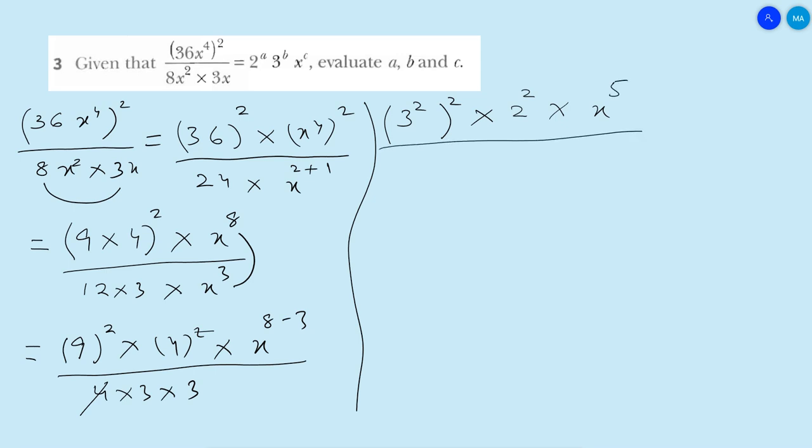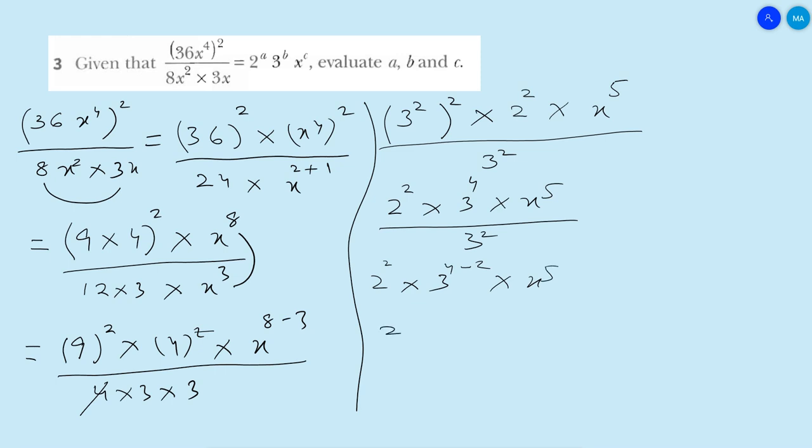upon 3 into 3. You can write this as 3 square. Now write this 2 square into 3 to the power 2 to the 4 into x to the power 5. This is 3 square. So 2 square into 3 power 4. Move this 3 on above side, it will be 4 minus 2 into x^5.